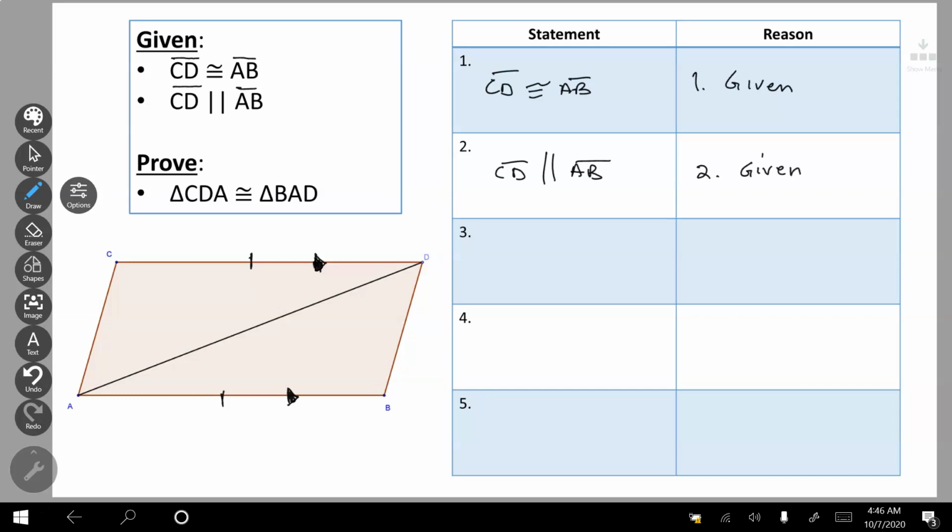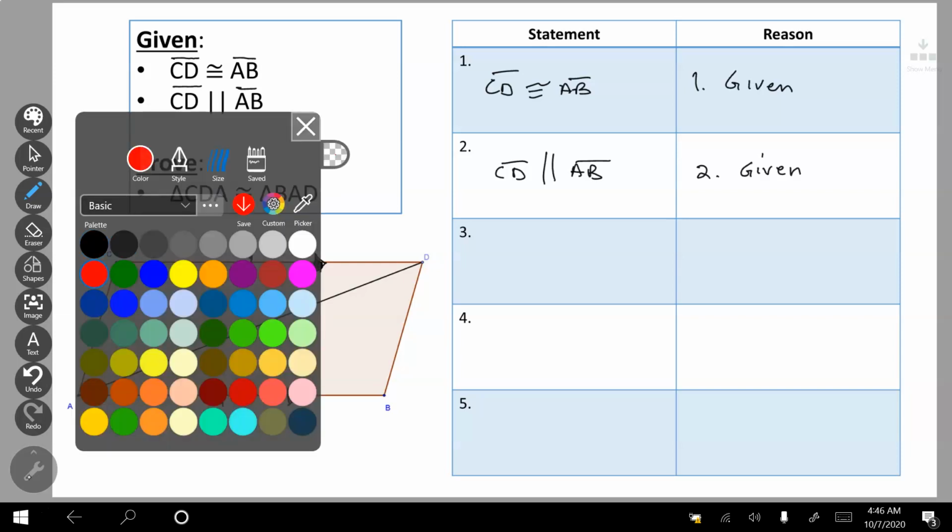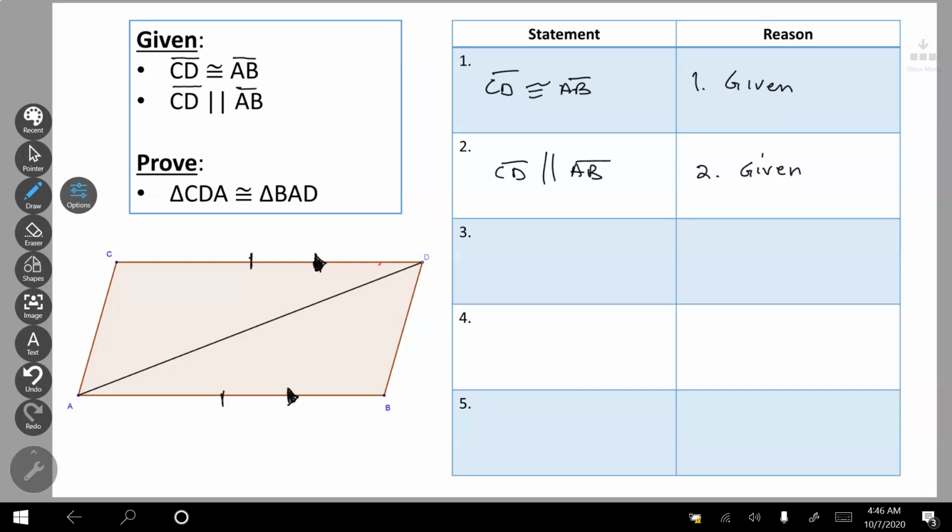And then what else can I figure out here? Well, if I pay really close attention, if I think about parallel lines, I have this angle here and this angle here. So that's angle CDA and angle BAD. And these two angles are congruent based on the information.